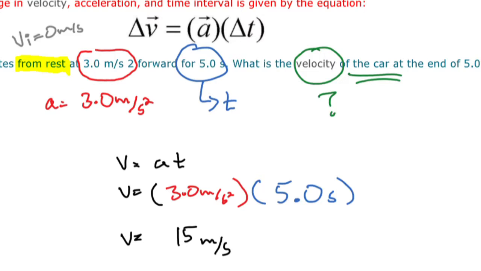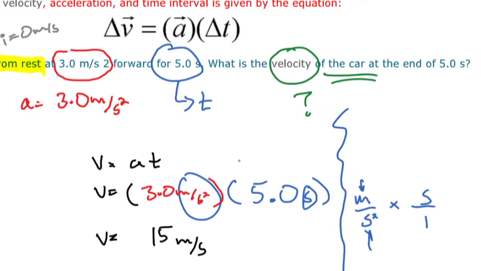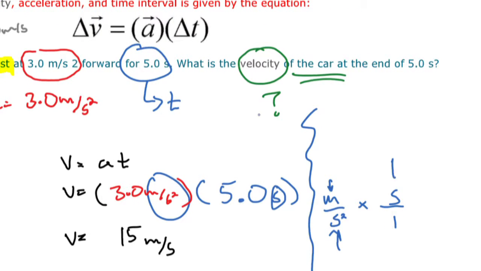One thing that I will point out that the physics teacher in me wants to show, if we just ignore the question for a second and just look at the units. We have meters per second squared here, and we're going to multiply that by seconds, or seconds over 1. How do the units work out? We'll have meters over seconds squared, and then I have seconds on the top.